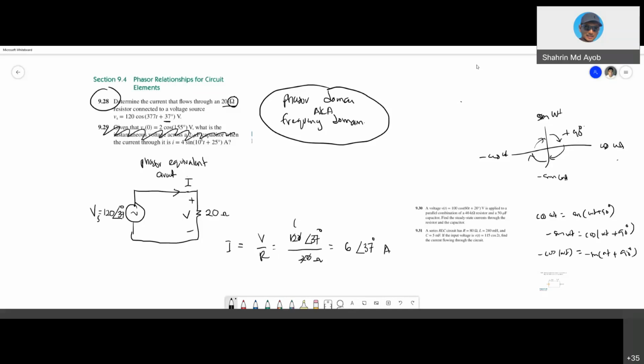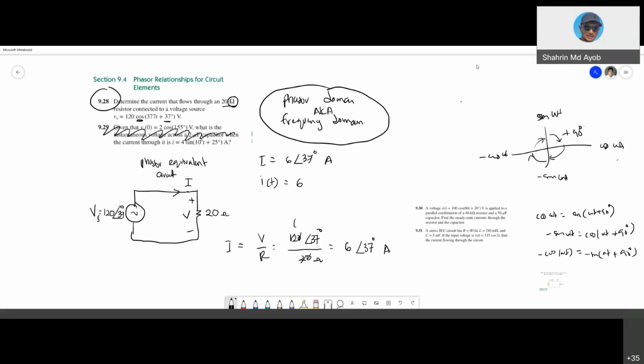Okay, but this one is still not complete yet. Since it is given in time domain, you need to convert your value of current to time domain. So this one is a phasor domain, I = 6 at 37 degrees amperes. So your time domain is i(t), the magnitude is 6, and the function used here is cos.